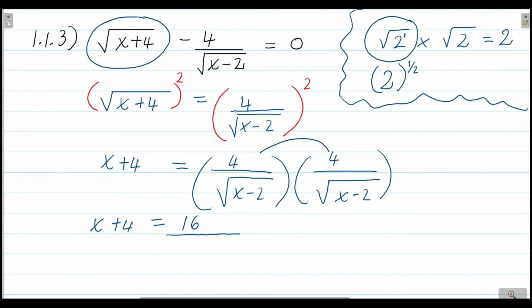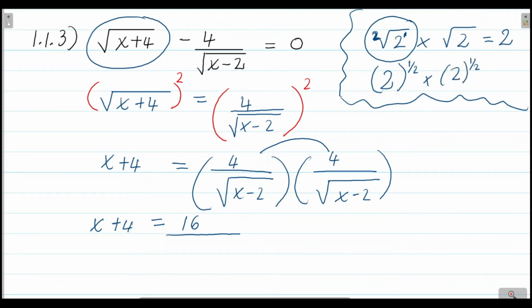There's also an invisible 2 there, so the square root of 2 in exponential form is 2 to the power of 1 over 2, multiplied by 2 to the power of 1 over 2.